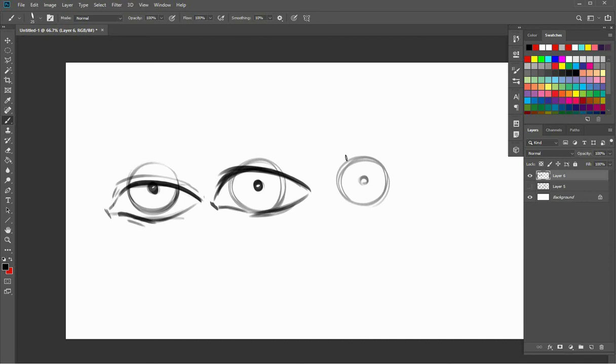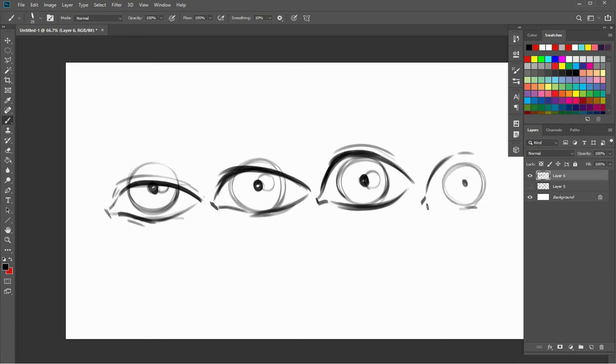Third one, which would be open pupil, and you can see the cornea completely. And the last one, eye wide open. In this position, you see more of the eyeball. The white is the most.